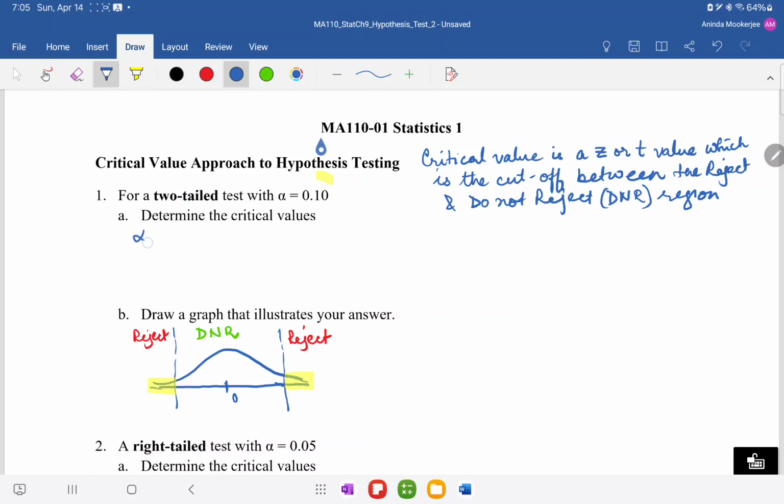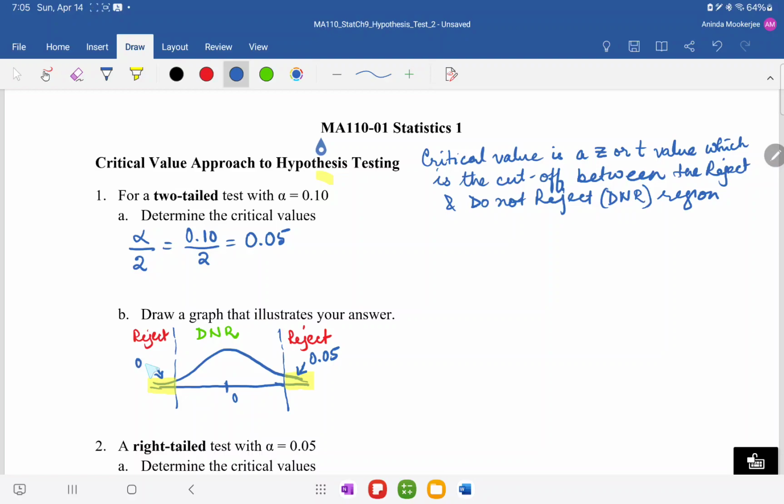So for a two-tailed test, and only for a two-tailed test, alpha will need to be divided by 2. So alpha is 0.10, and 0.10 divided by 2 is 0.05. What that means is the area on each side of the curve for the reject regions is 0.05.